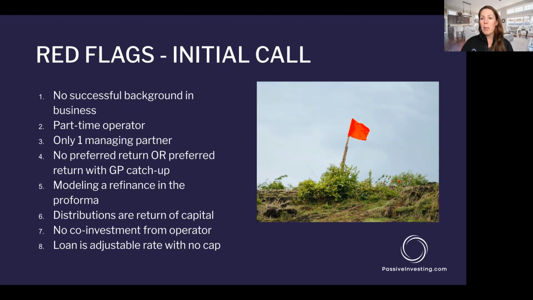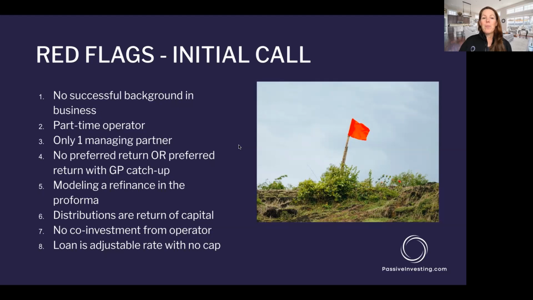However, you do want to see some sort of skin in the game, so you guys are aligned. Then number 8, especially in this past year, you want to make sure that if the loan is an adjustable rate, there is a cap. If you see an adjustable rate mortgage with no cap, it's time to run for the hills.